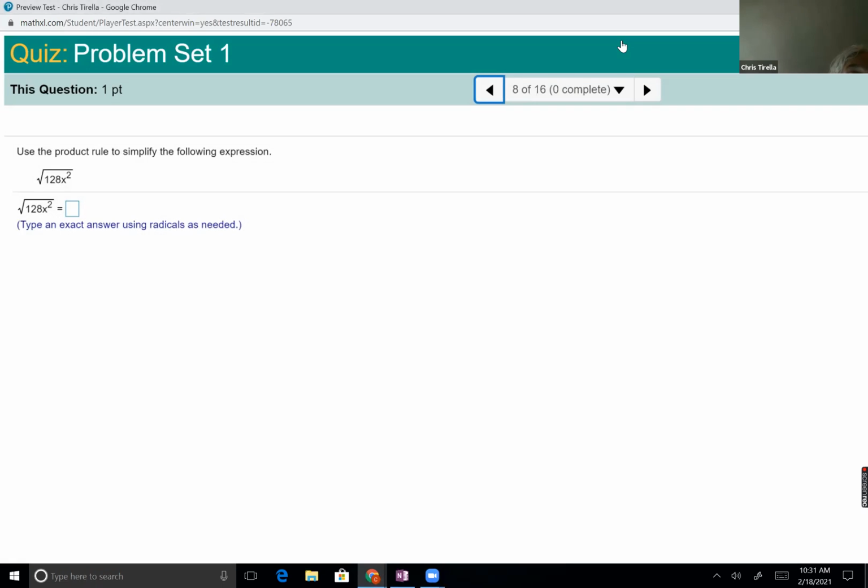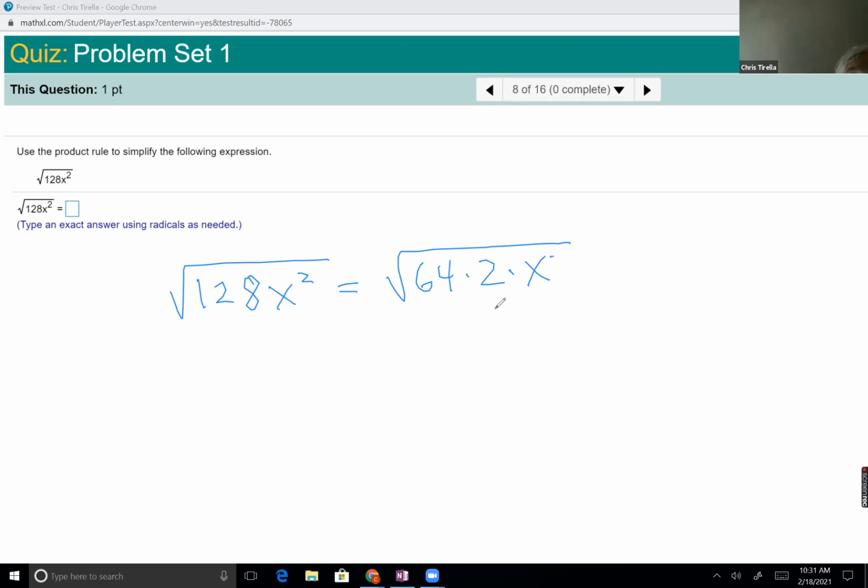Use the product rule to simplify. We've got the square root of 128x squared. Hopefully everybody recognizes 128 as 64 times 2. So we're going to take the square root of 64, the square root of 2, the square root of x squared to get 8x radical 2.